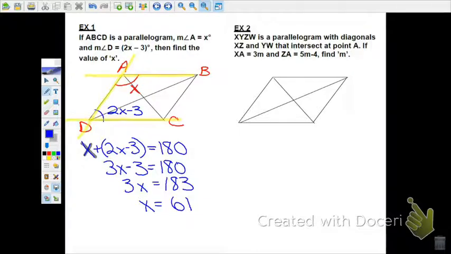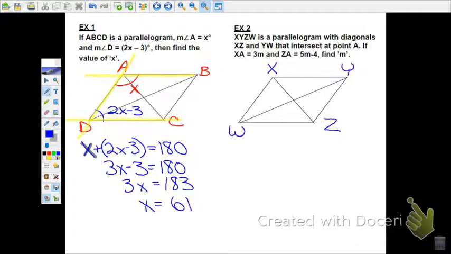Example 2, again, I would encourage you to draw in a parallelogram. This time we are going to be working with the diagonals. So when you draw your picture, go ahead and draw in those diagonals. So this parallelogram is named X, Y, Z, W. It doesn't matter where you start, clockwise or counterclockwise, you can't just jump around.